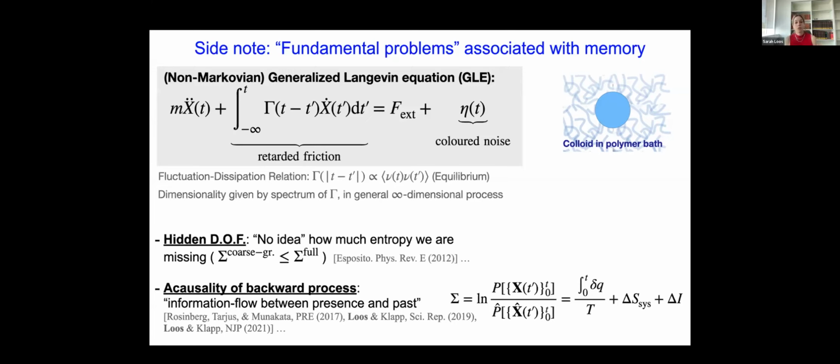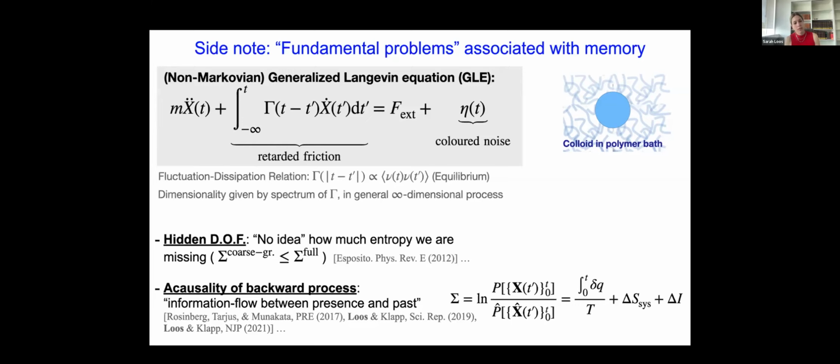So first of all, if you compute the entropy production, by construction, you will not be able to recover the full amount of entropy production because in your model or on your level of observation, there are just degrees of freedom that are missing, and you can't have any idea how much entropy you're missing. But of course, you can find lower bounds. For example, we generically know that the coarse-grained entropy production should be a lower bound to the full entropy production.